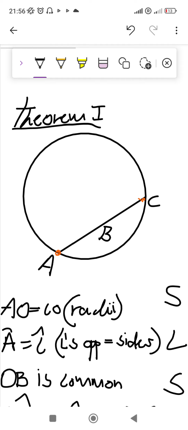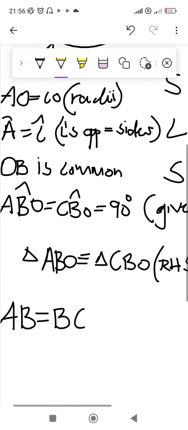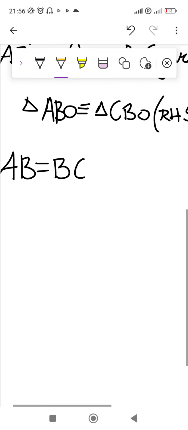So when you have a line that goes from the center that is perpendicular to your chord, you know that this is the center, this line is perpendicular to your chord, then you know that these two are equal. So that perpendicular line bisects your chord, and when we use this reason, what we will write down is we'll say line from center.